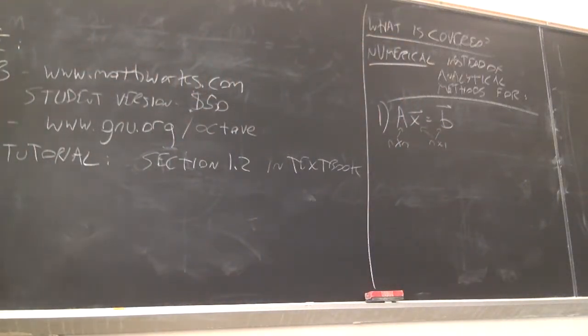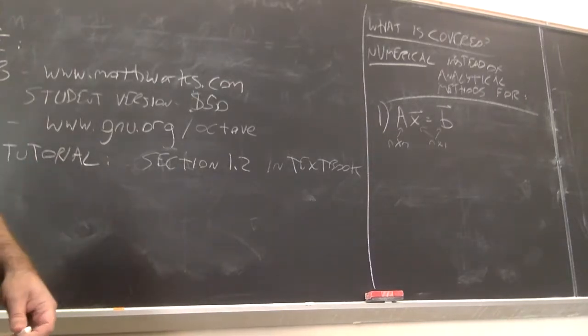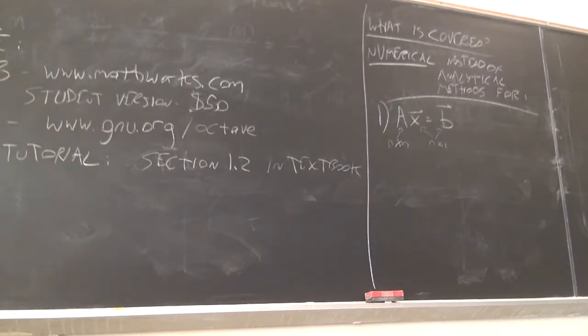Can anyone tell me, from, for instance, your first linear algebra course, like Math 326, what did you do to solve those kinds of problems? What was the process? Does anyone remember? We'll see how rusty you are.